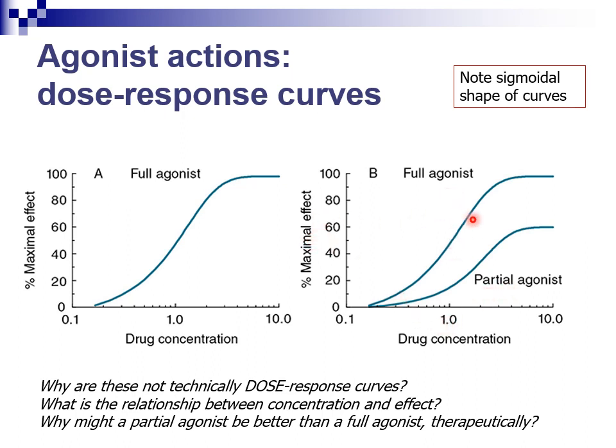But here, we're comparing the full agonist, which has a ceiling effect here called 100%, and a partial agonist, which maybe reaches only 60% of the full agonist. Okay? So these are, again, two different drugs, one being the full agonist, one being the partial agonist. So let's ask ourselves these questions.